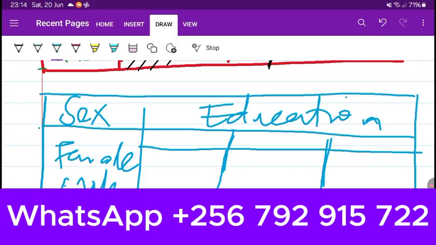So the same way you are seeing me representing it, that's how you will also present that information. So here, if I have primary, this is primary, this is maybe secondary, then this is tertiary.